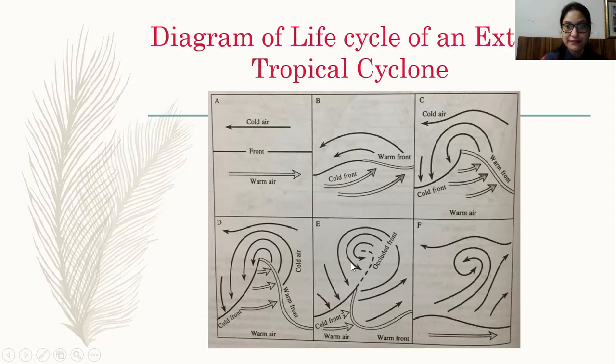Now, in the fifth stage, the occluded front has started to form. Okay, occluded means to come to an end. Over here, there is this movement of the air which is happening. And see how the warm front is now coming to an end. The warm front is now cold air.